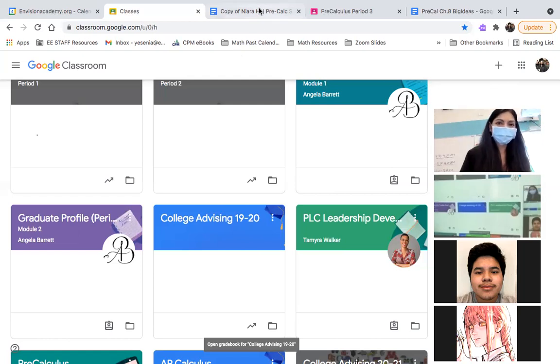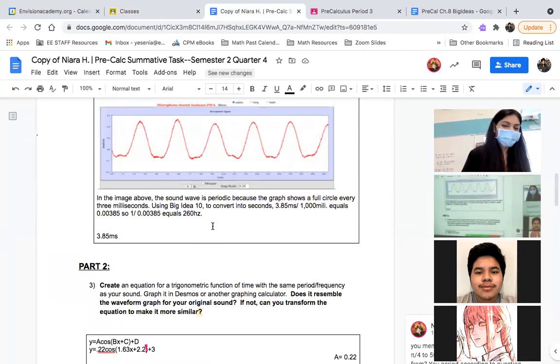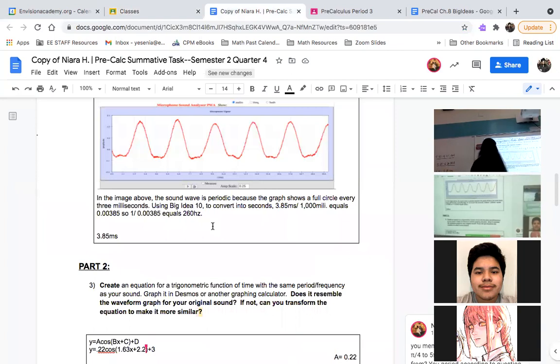With CP 2.2, because it horizontally shifts, and since you're using cosine, cosine starts at the maximum and then goes down. So this shifted by whatever this number is.